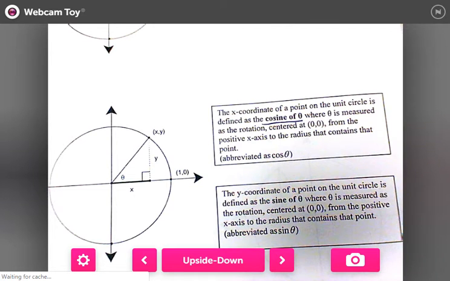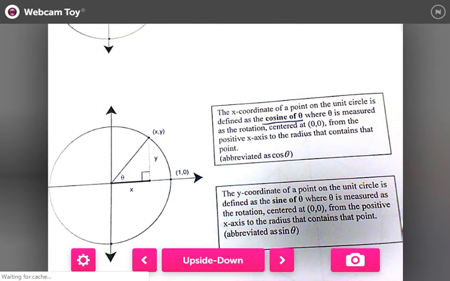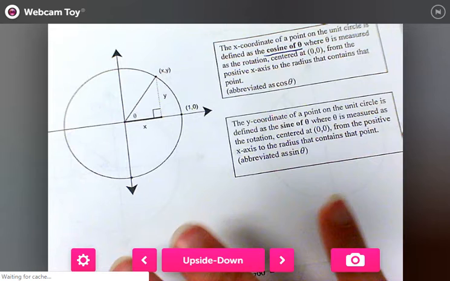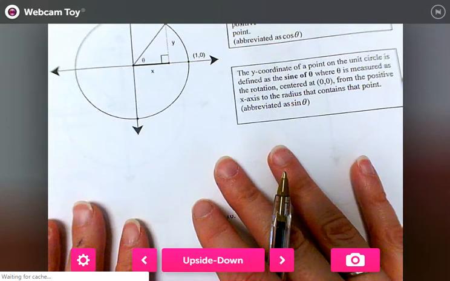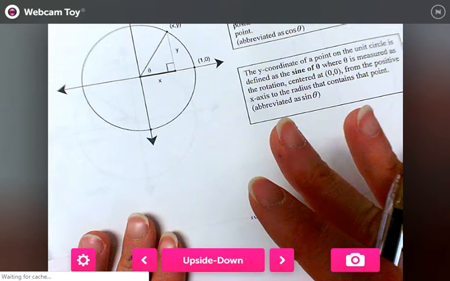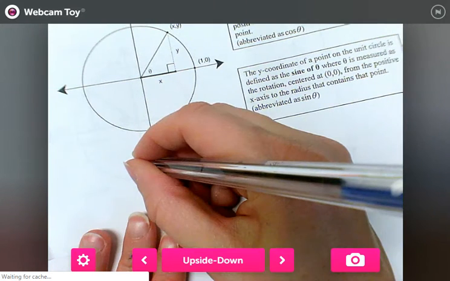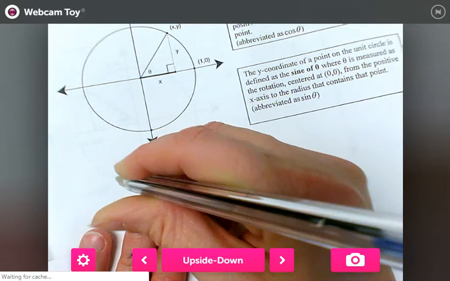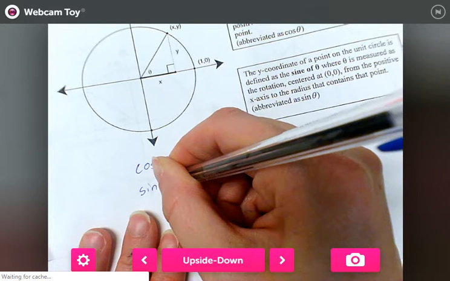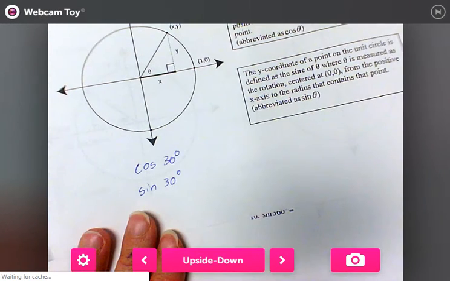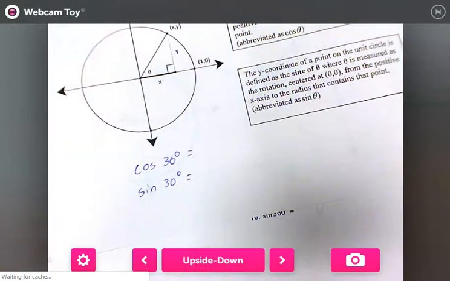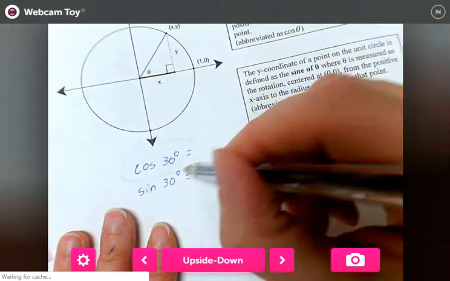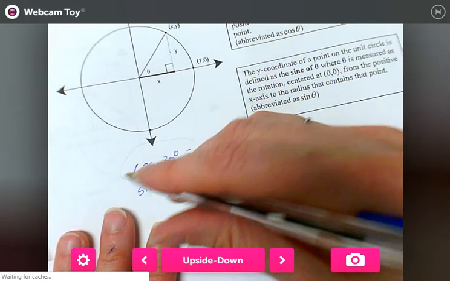Okay, so what we're going to do right here on the front of our sheet, there should be enough room in the bottom, is I'm going to give you a couple examples. We're going to find the cosine of 30 degrees and the sine of 30 degrees. You with me? Okay, so remember the cosine is the x value and the sine is the y value.